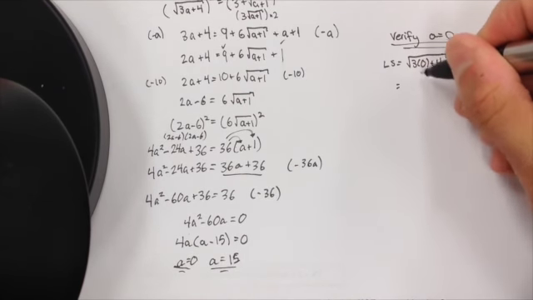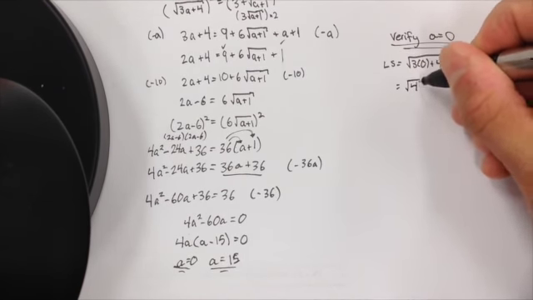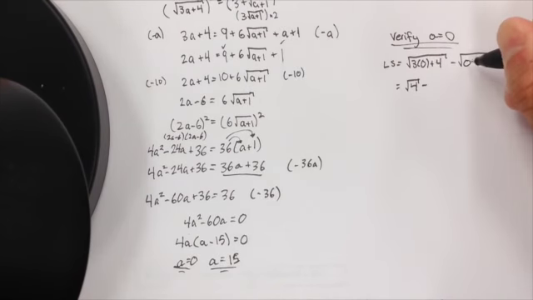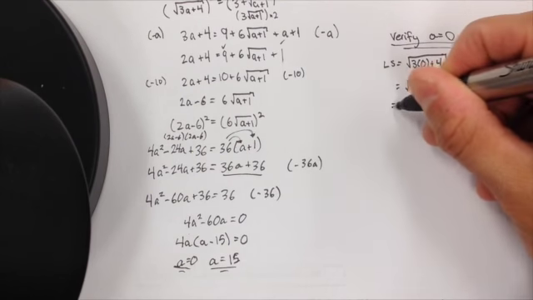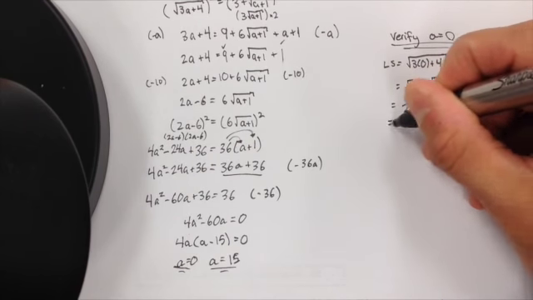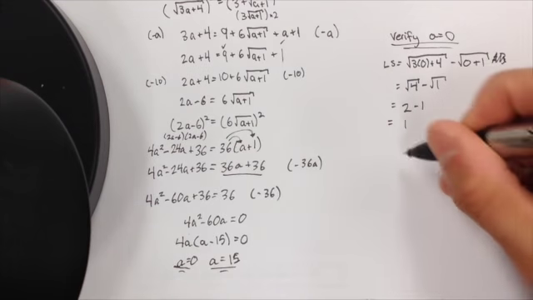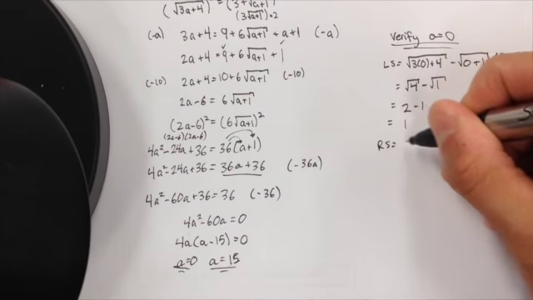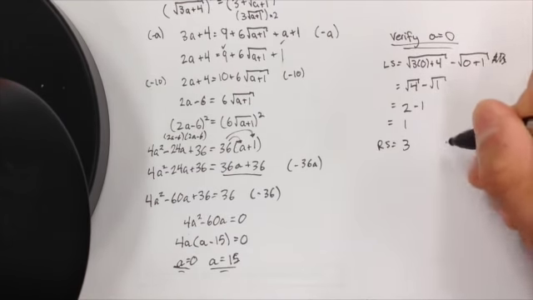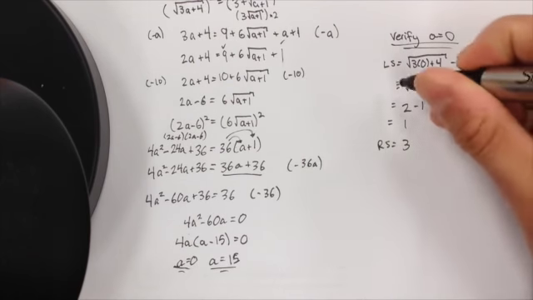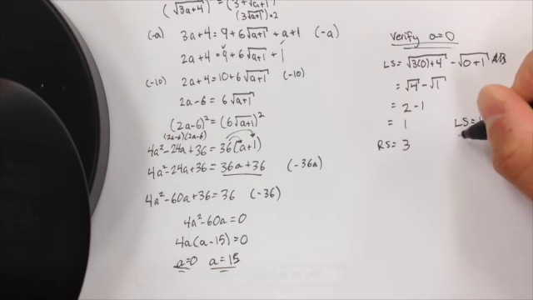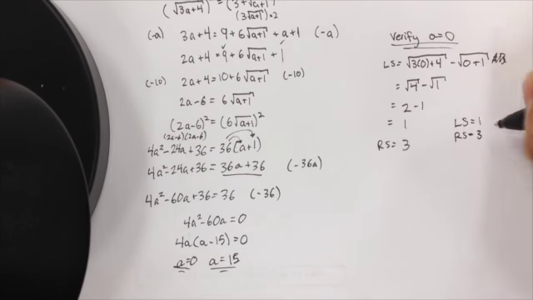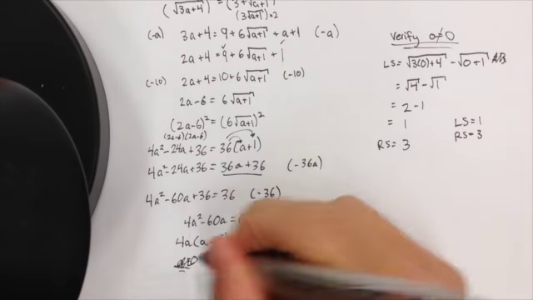So this is 3 times 0 is 0, so that's 4 minus square root of 1, and that's equal to 2 minus 1, and that is equal to 1. Now the right side of the equation is 3. 1 does not equal 3. The left side is equal to 1, and the right side is equal to 3. So it cannot be 0. Okay, so let's scratch that.